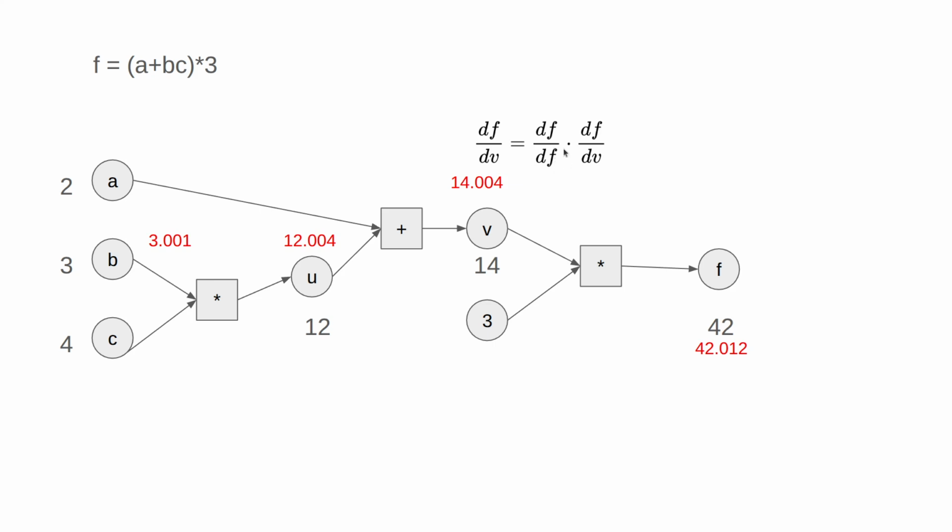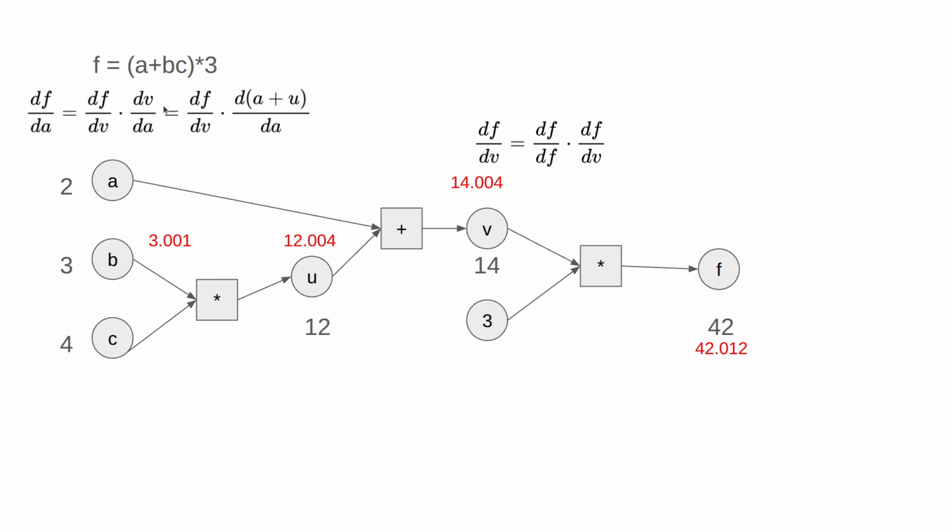We just insert the output variable to convert this expression to this one. This looks trivial because df over df is 1, so the left side will be equal to the right side. But we can apply the same rule for other variables as well.